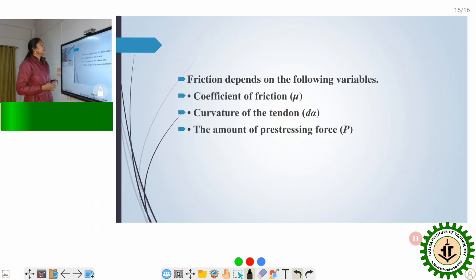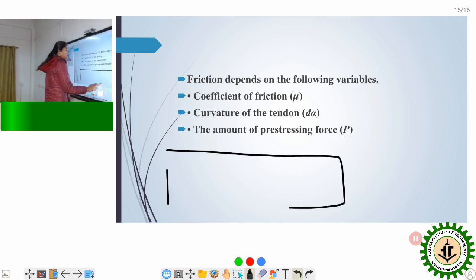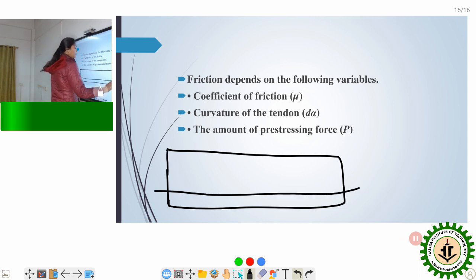Now, friction mainly depends on the following variables: coefficient of friction, curvature of the tendon, and amount of pre-stressing force. If this is a beam section, the more curved the member is, the more the friction will be. For frictional losses, there are two components of the tendon stresses to be shown.